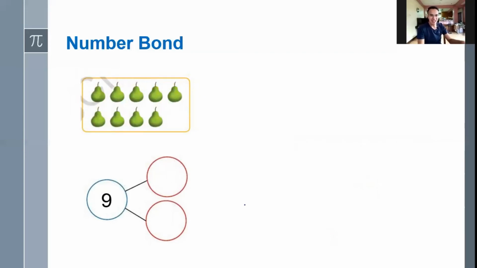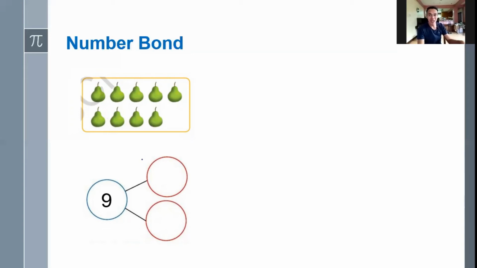Next, let's complete this number bond. The number inside this whole is 9 because there are 9 objects inside this group. How do we find the parts? We are going to divide this group into 2 parts. How?